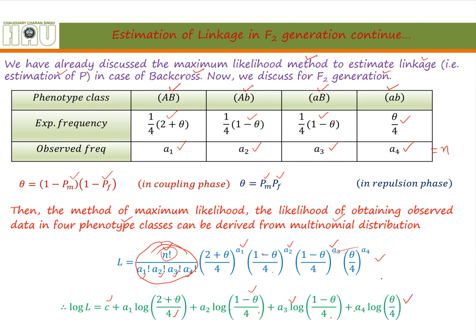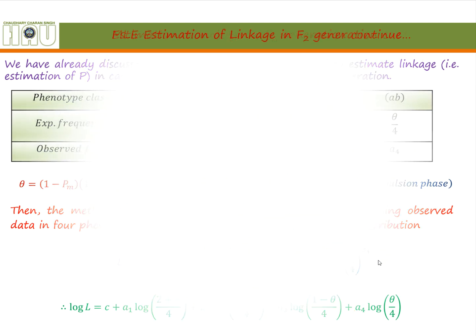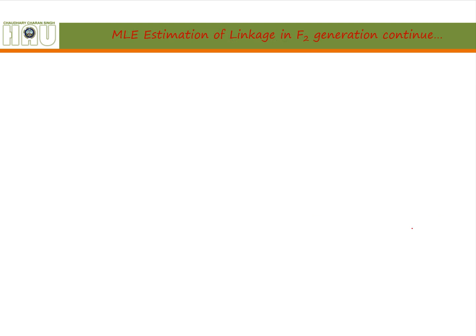Now we will estimate the value of theta in the usual way, by taking the derivative of this log L and equating it to 0, taking the second derivative, which should be negative. So let us do it.